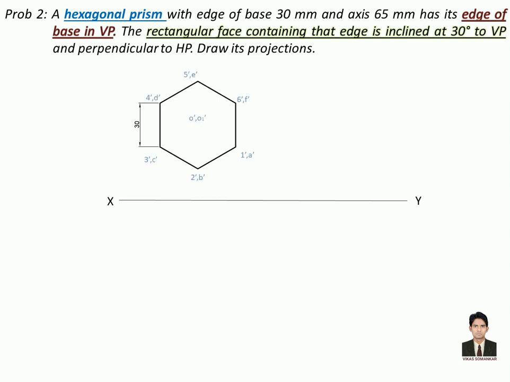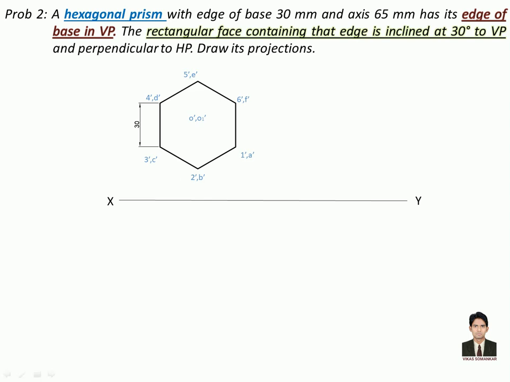After deciding the true shape, its position and its orientation, let's start drawing the first edge. So we will draw hexagon above XY line, which will be having one edge on right hand side, and the side of the hexagon is 30 mm. Let's mark different corners on the hexagon. As this is the true shape of the prism, there will not be any line inside the true shape.